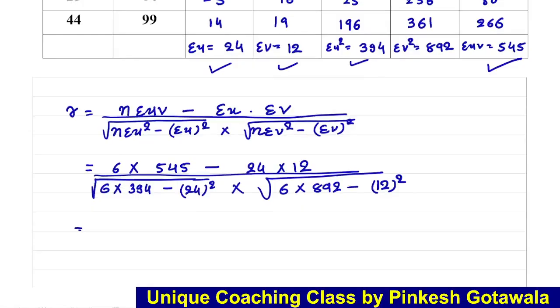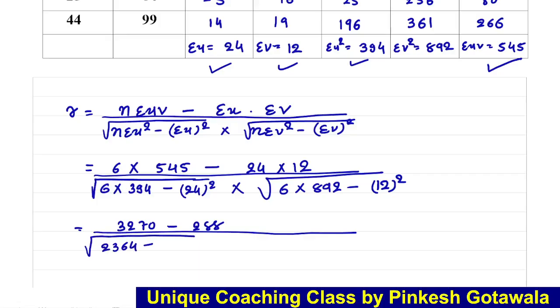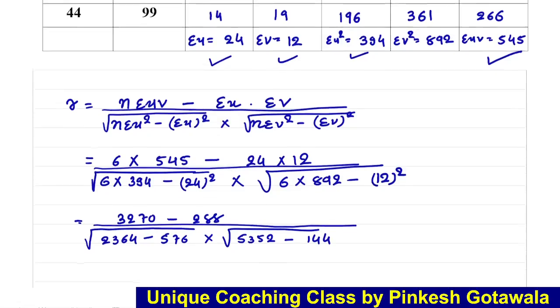Now 545 into 6 is 3270, 24 into 12 is 288, 394 into 6 is 2364, 24 square is 576, 892 into 6 is 5352, 12 square is 144.